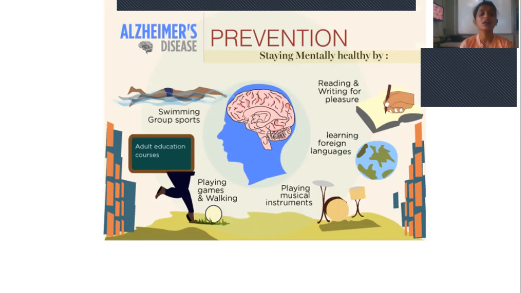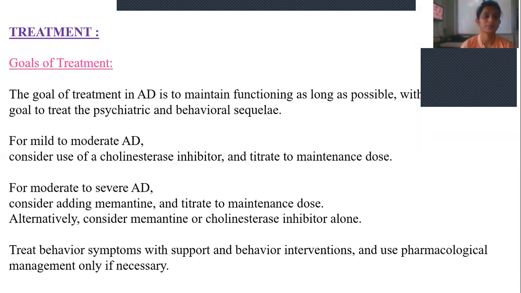It includes swimming, group sports, playing games and walking. All of this will keep our brain active. Playing musical instruments, learning foreign languages, reading and writing for pleasure. All this will help in preventing Alzheimer's disease. Why? Because there should be a continuous process of learning so that our brain is continuously active.